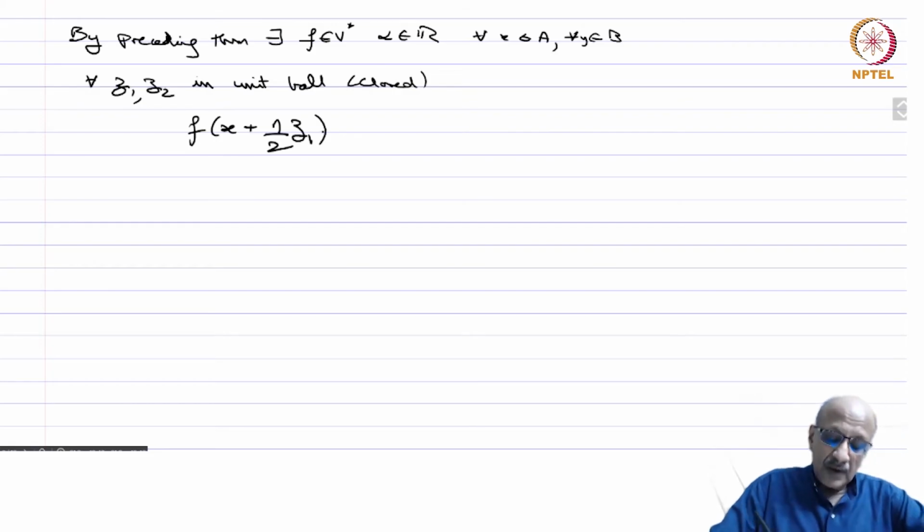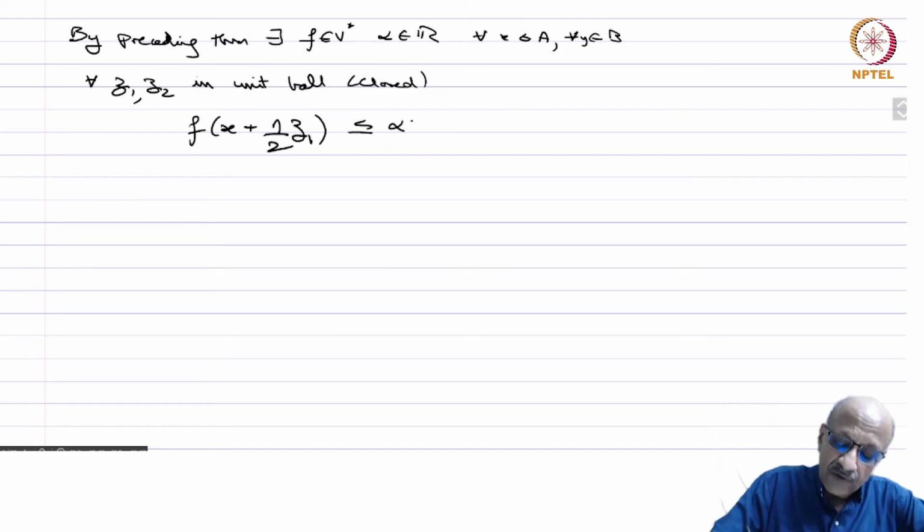Now this is in the form x plus B0 eta. This is an element whose norm is eta by 2, so strictly less than eta. So this belongs to A plus B0 eta, and then that is less than or equal to alpha, which is less than or equal to f of y plus eta by 2 z2.